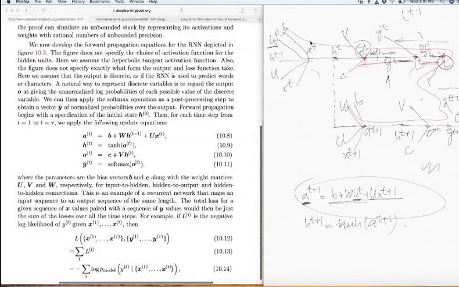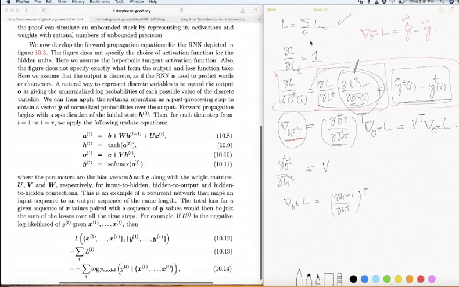So what is the intermediate variable between h and L? That's O. So I'll first compute the derivative of the intermediate variable with respect to HT, and then write the gradient of L with respect to the intermediate variable.